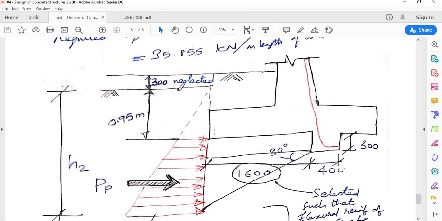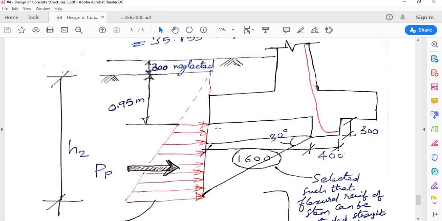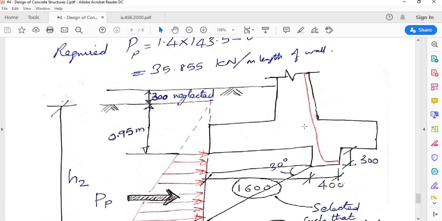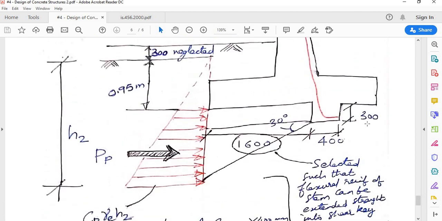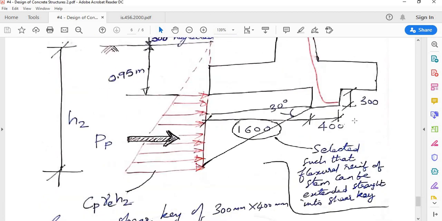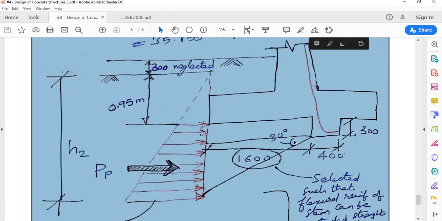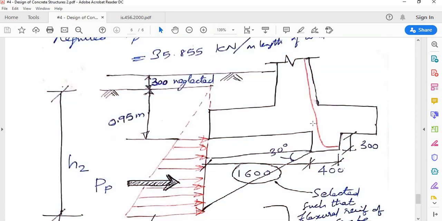Remember this diagram, the same diagram we showed when I discussed the theory. Here the only difference is you will have the dimensions, because we are trying to solve a specific problem. So assume a shear key of dimension 300 by 400. With regard to the position of the shear key, we had discussed that it should be positioned such that the tension bar of the retaining wall should be able to continue like this.